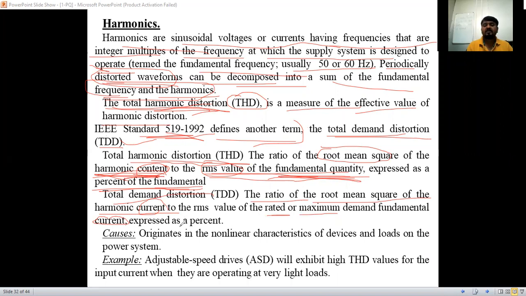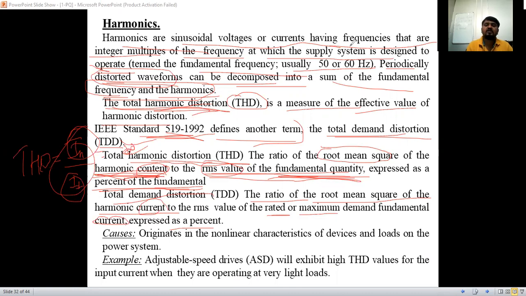That current is expressed as a percentage. So THD equals, whatever the harmonic current, I_H, to I_F, the fundamental current. For the fundamental frequency, what is the current? For harmonics, what is the current? The ratio of these gives the percentage of THD.